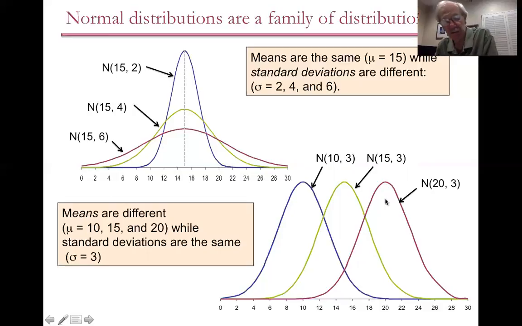And here are three curves where the standard deviations are all the same, 3, but the means have changed. Here the mean is 10, here the mean is 15, approximately, and here the mean is 20. So you can draw the relative curves like this.